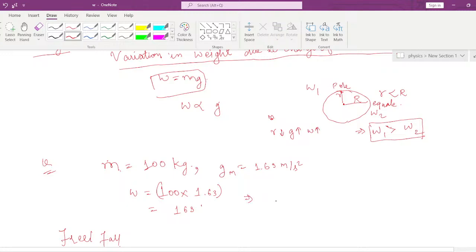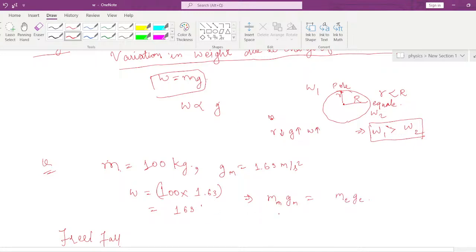So the weight that he can lift on the moon, that is mass into acceleration due to gravity of the moon, and the weight that he can lift on earth will be equal.